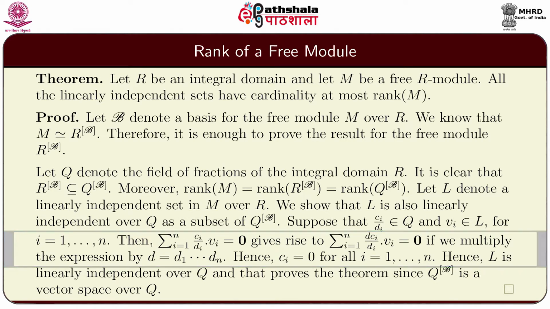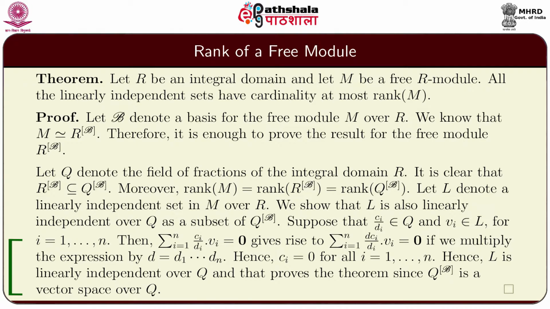So, we have a linear combination of the elements v1, v2, ..., vn, but over Q, and multiplying by d, which is the product of d1, d2 and so on up to dn, this expression gives rise to the summation i equal to 1 to n of d ci/di times vi equal to 0.